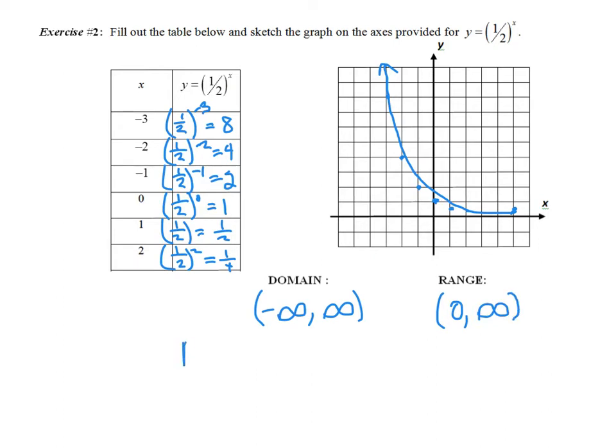This one also has an asymptote. The asymptote is also the x-axis because the graph is coming very close to the x-axis but not crossing it. You should also notice on your graph that the y-intercept, while I didn't graph it very well, is the same point that it was on the last graph, (0, 1).